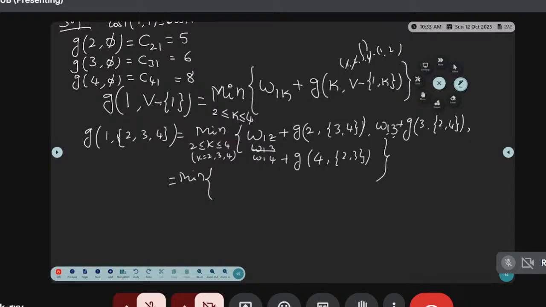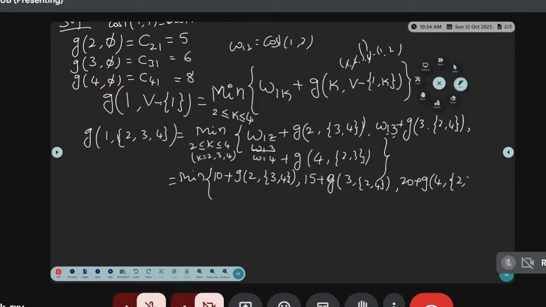What is the cost between 1 comma 2, what is it in the matrix? According to the matrix, 10. 10 plus g of 2 comma 3 comma 4, we don't know, we need to calculate, comma w of 1 3, from 1 to 3, 15 plus g of 3 comma 2 comma 4, we don't know, comma this w of 1 4, 1 to 4, 20 plus g of 4 comma 2 comma 3, we don't know.